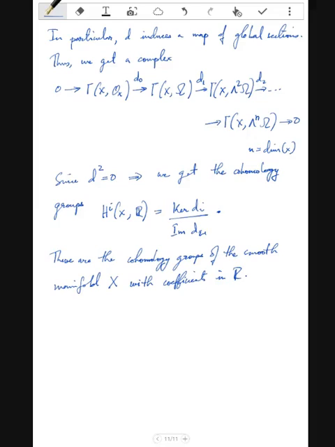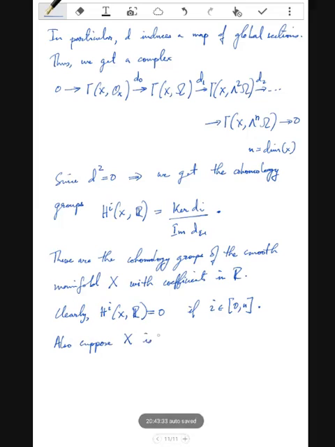So clearly H i of x is equal to 0 if i is an integer which is not in 0 to n. Also, suppose x is connected and f from x to R is a smooth function.